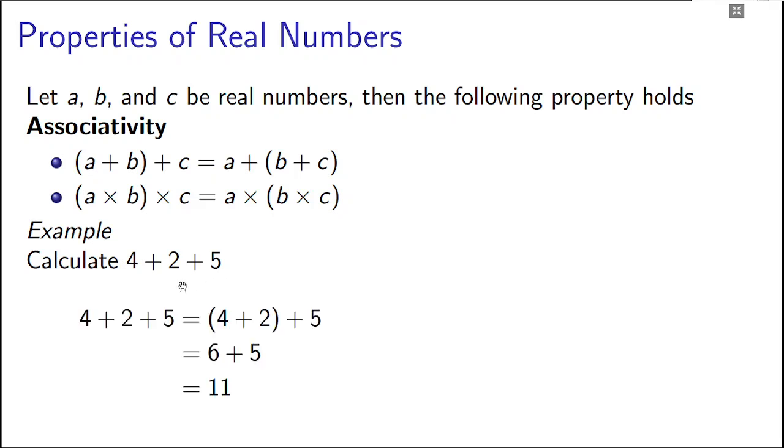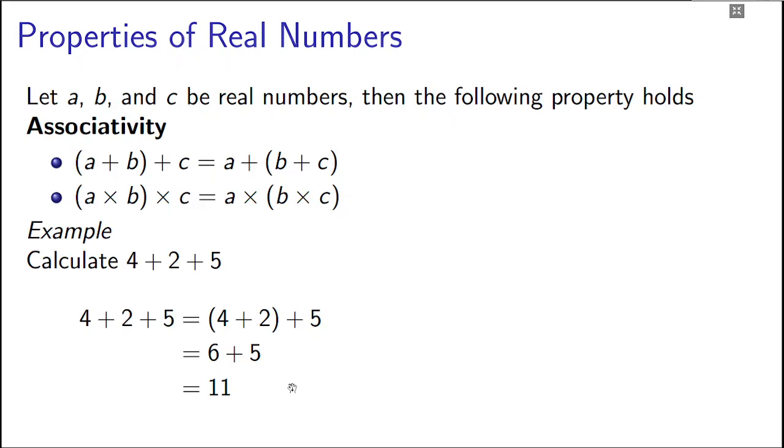Okay, let's start with 4 and 2. So we add 4 and 2, we get a 6. The 5 is still hanging there, waiting for a number to come out on the left. Now 6 comes out, then we say 6 plus 5, and we get 11. So we do things bit by bit. This is a very important property.